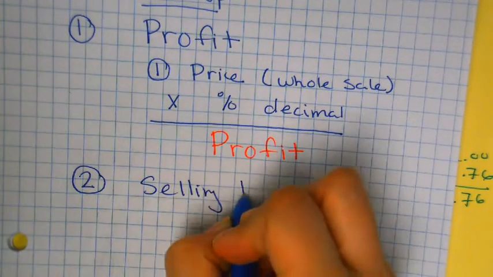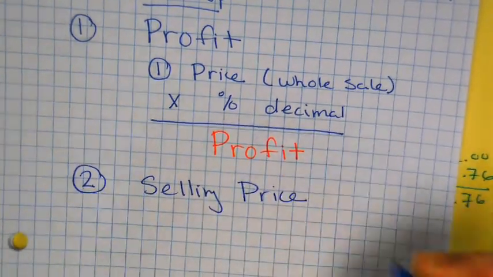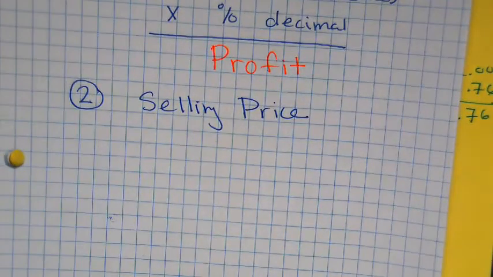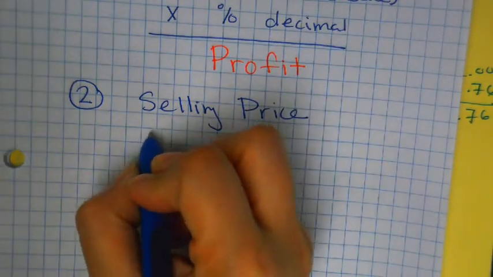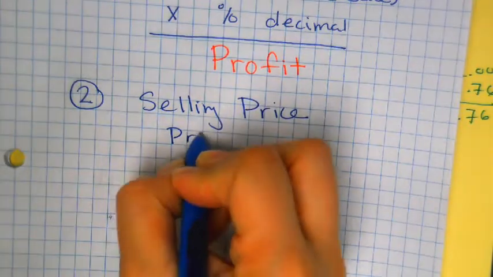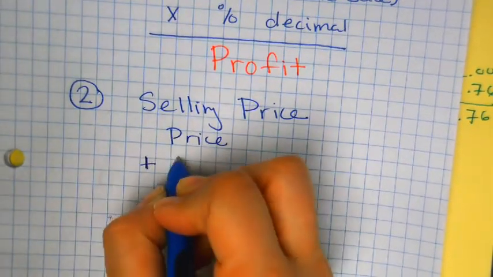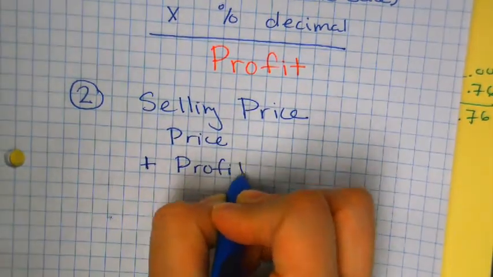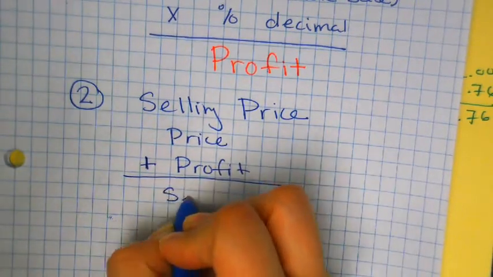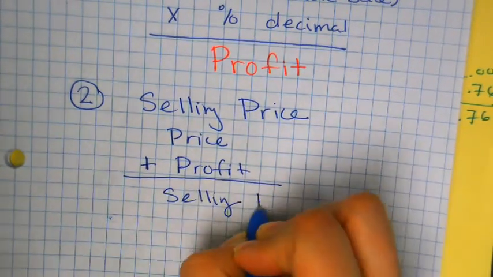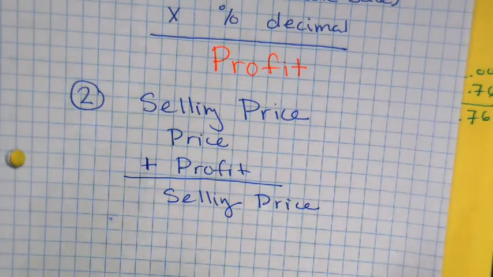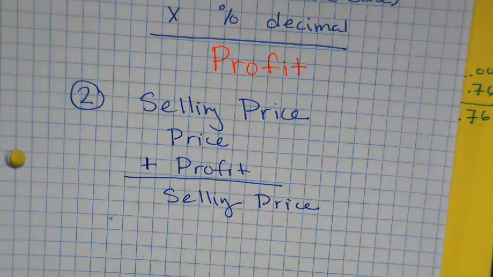The price that we see as customers when we go to the store. You're going to take your price and you're going to add your profit. This will give you your selling price or your new price or your total price. There's a lot of ways to say it.